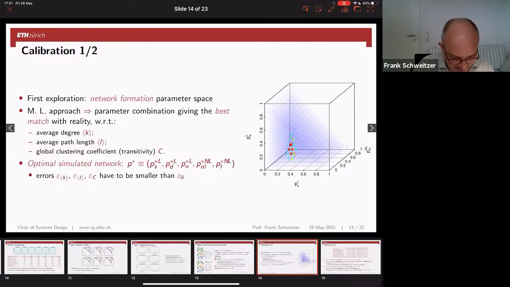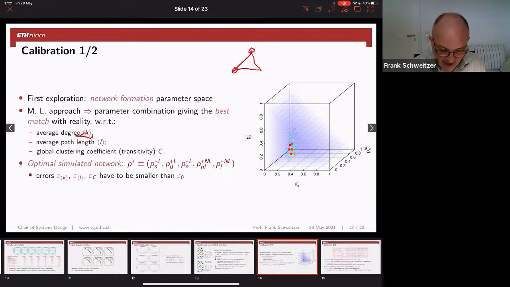That's its number K. We calculate the average path length. That means how many steps a firm needs to take before it reaches an arbitrary firm in the network. And we calculate the global clustering coefficient. The global clustering coefficient calculates the number of triangles.